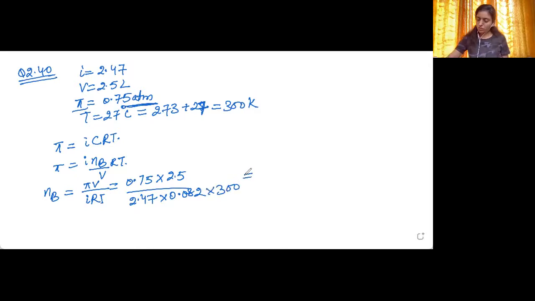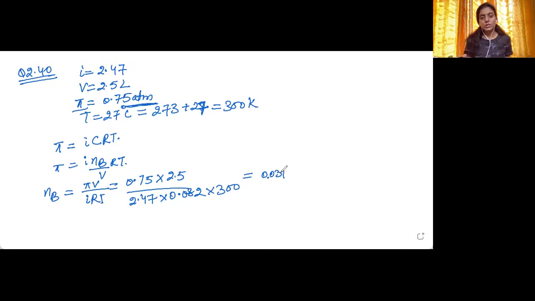So this will come out to be 0.75 multiplied by 2.5 divided by 2.47 times 0.082 and 300. So it is coming out to be equal to 0.031. So this is the number of moles.